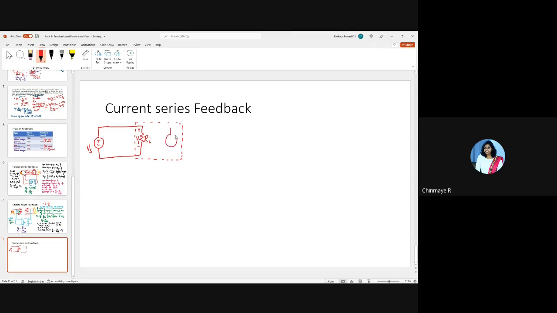We know that the output is now current, so this will be a current. And this current is dependent on the input voltage Vi.